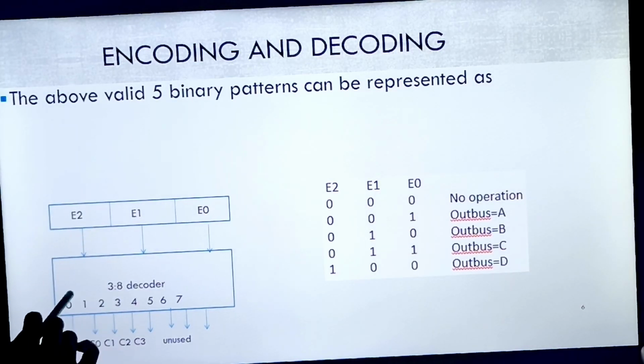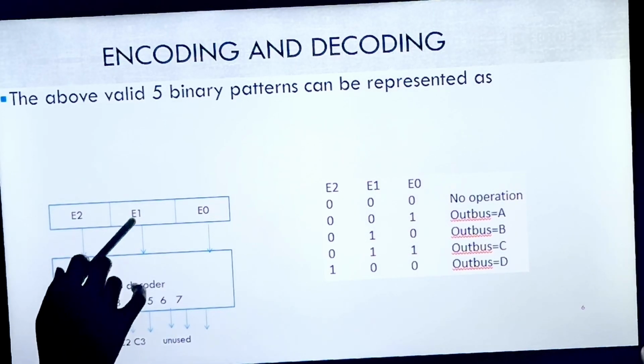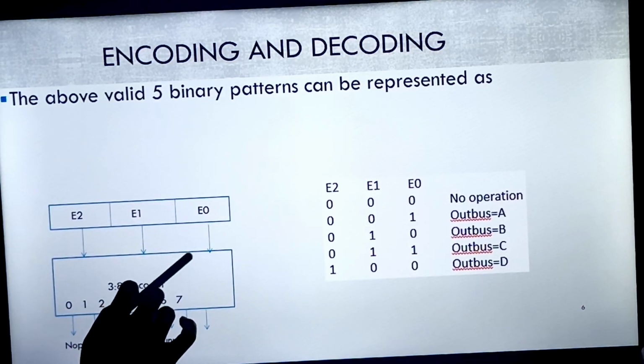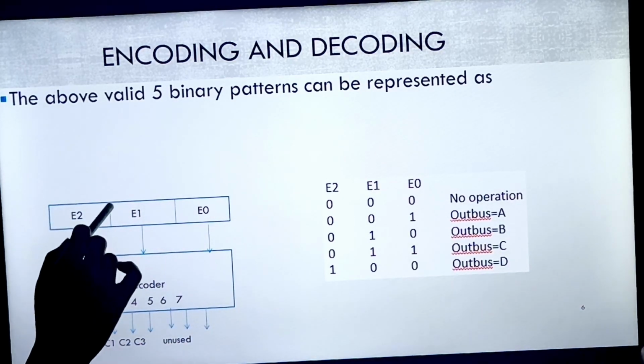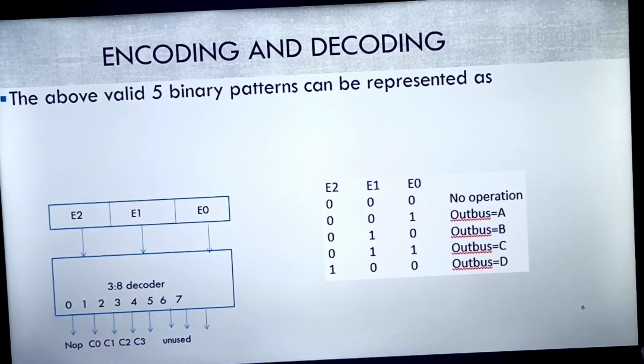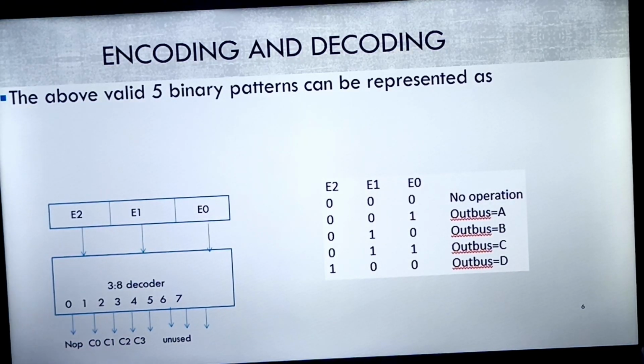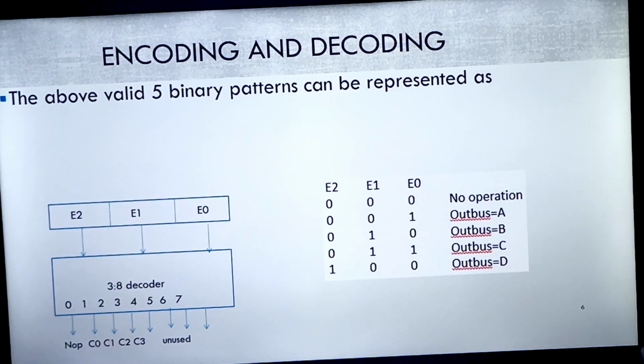So for 8 different control signals, I need only 3 bits to store the information. This way we are saving the number of bits. For a large program where I need more control signals, this is really helpful. This approach is known as the encoded approach, and also as the vertical approach.